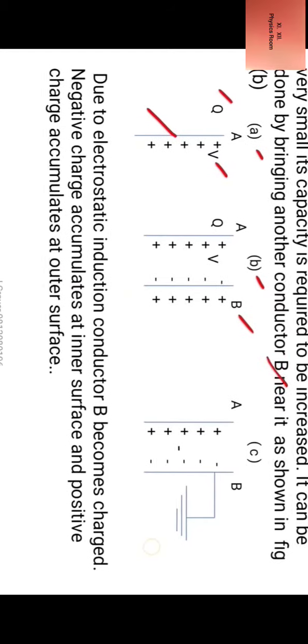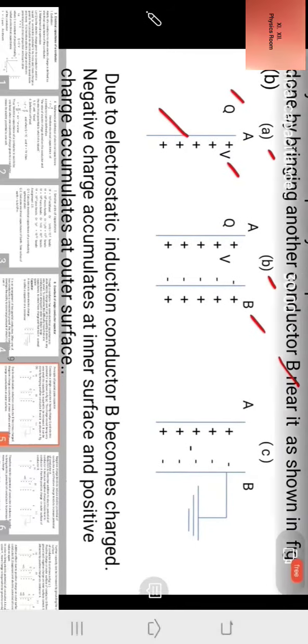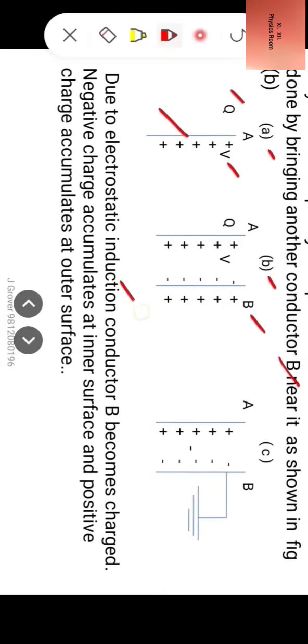Now, due to electrostatic induction, conductor B becomes charged. Negative charge accumulates at the inner surface and positive charge accumulates at the outer surface.